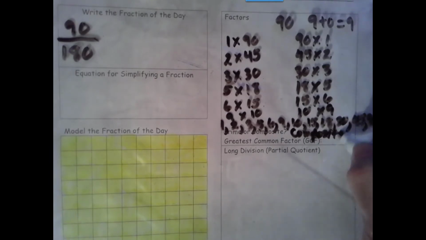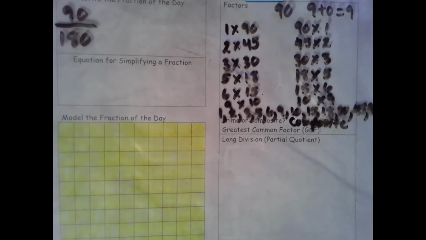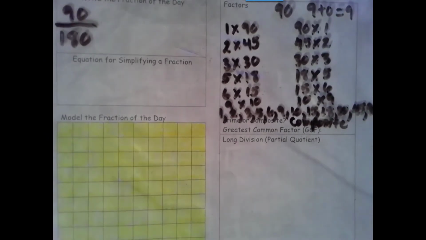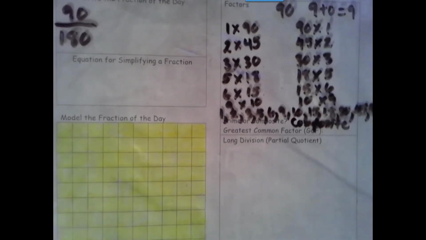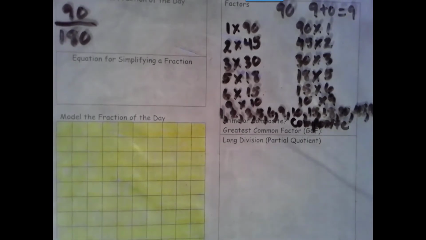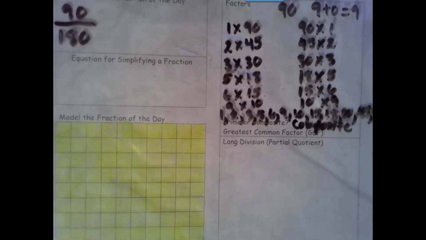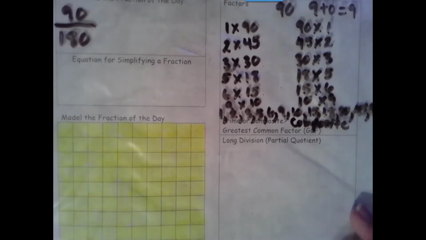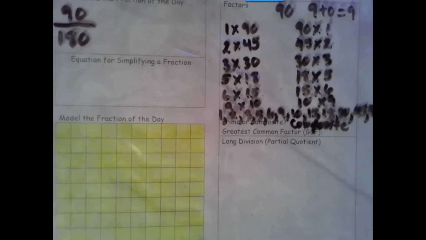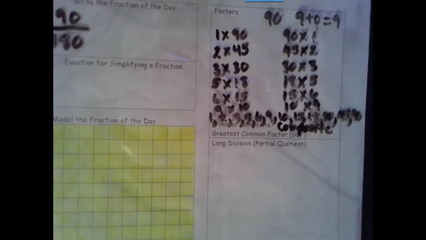Now we need to find our greatest common factor. Let's start with our greatest factor, which is 90. And we're going to make groups of 90. It doesn't matter what your groups look like. Just keep your shaded separated from your unshaded and make sure that you have 90 in each. All right.